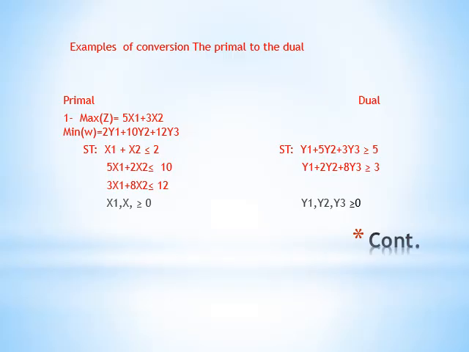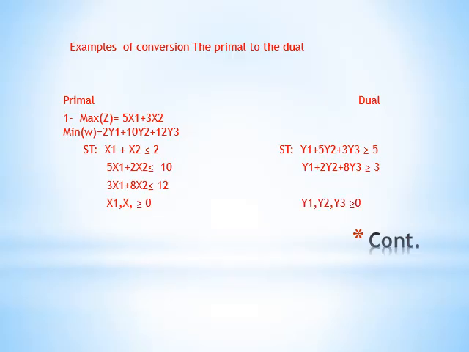Okay. The constraints of the dual are designed as what? Each row of the constraints of the dual represents a column of the primal.